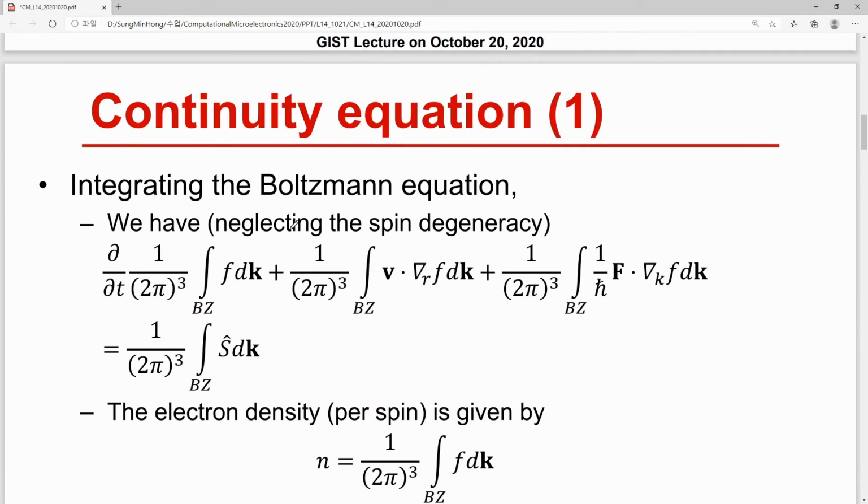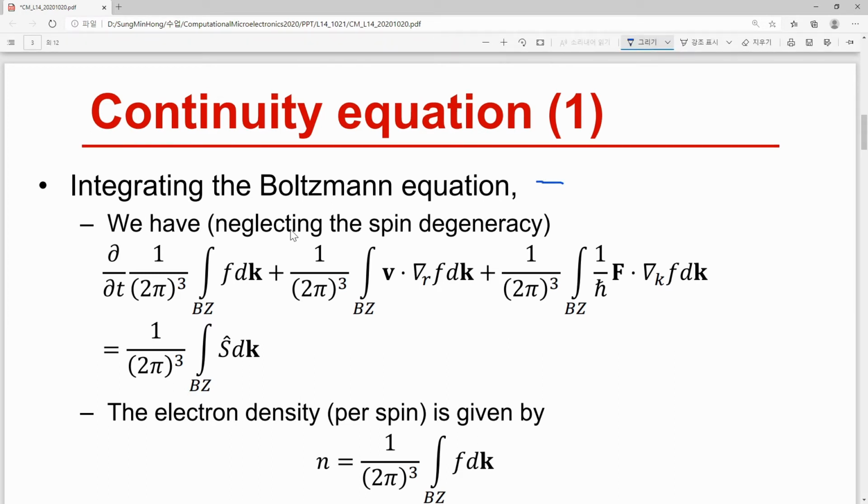Here the first one is the continuity equation, and we want to exercise the simplest one. The basic strategy is quite simple: we will just integrate the Boltzmann equation.